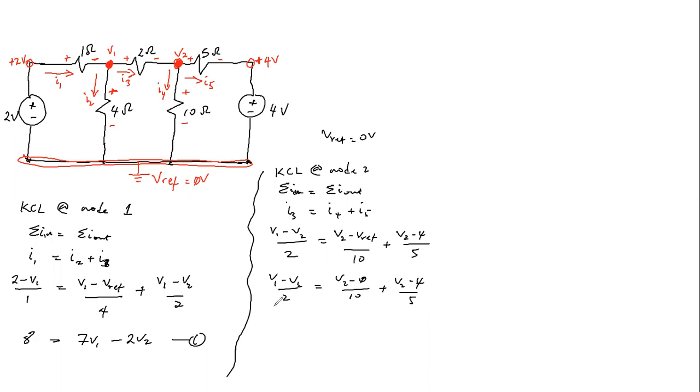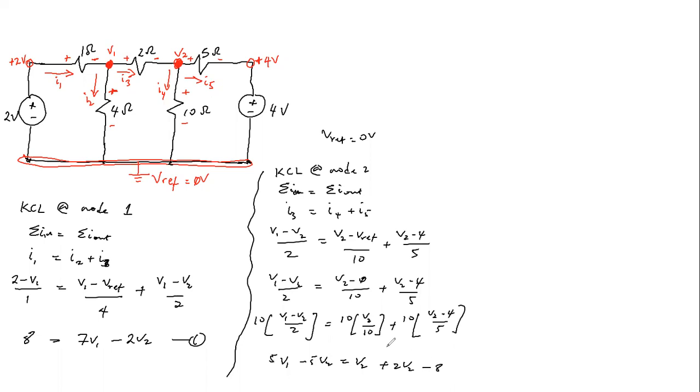If we multiply through by 10 to eliminate the denominators, we get 5V1 minus 5V2 equals V2 plus 2V2 minus 8.